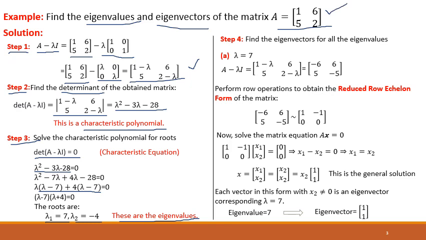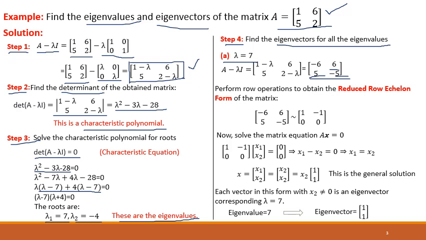In step 4, we will find the eigenvectors for all the eigenvalues. So in part A, our eigenvalue is lambda equal to 7. We will put this value in the matrix obtained from A minus lambda I. After putting the values, the new matrix would be minus 6, 5, 6 and minus 5.